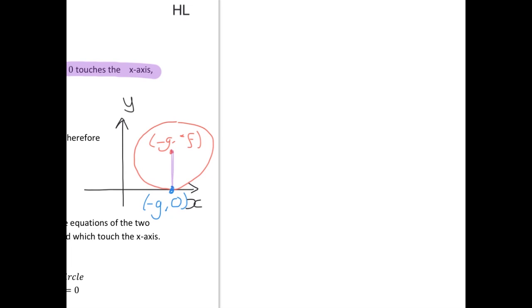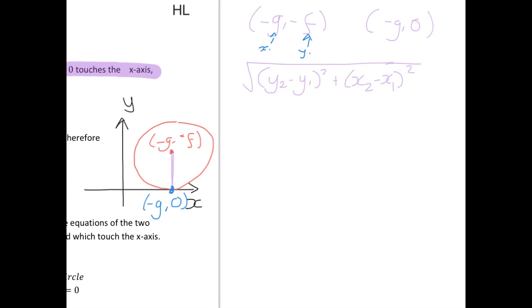So the distance, you'll remember, the distance formula is the square root of y2 minus y1 squared plus x2 minus x1 squared. So that should be plus, not minus. Then if we have our 2 points, minus g, minus f and minus g, 0, then our x1 is minus g, our y1 is minus f, our x2 is minus g, and our y2 is 0.